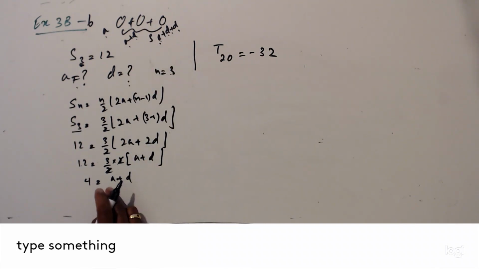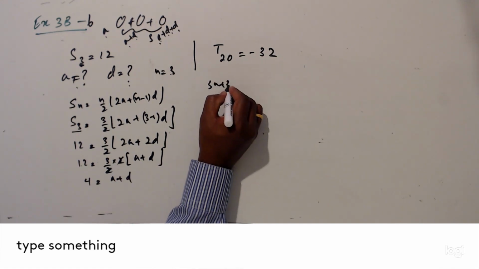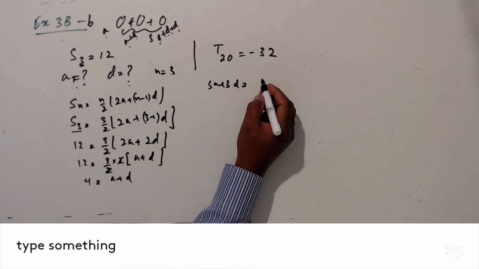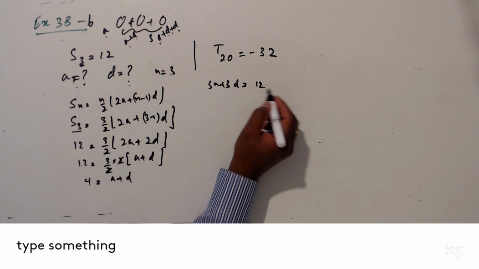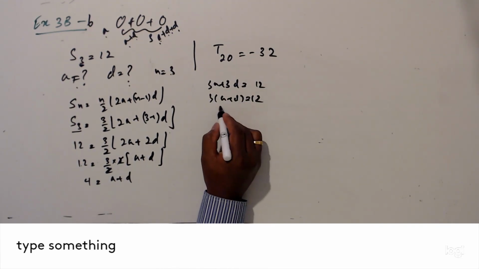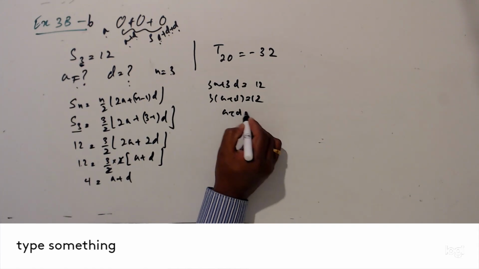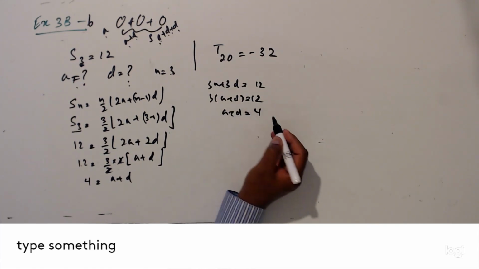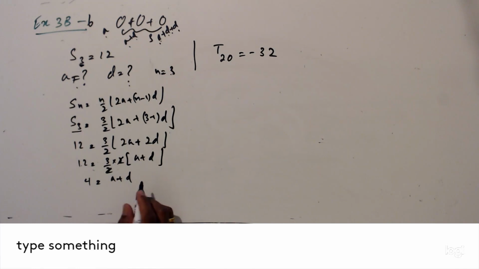Still the same thing. So 3a plus 3d equal 12, and 3 times a plus d equal 12. You can divide both sides by 3, then a plus d equal 4. Now we have one equation with a and d.